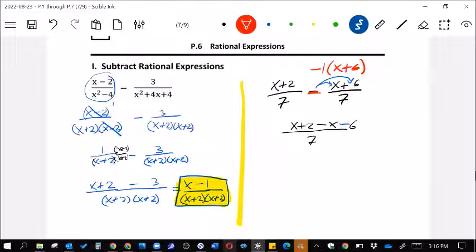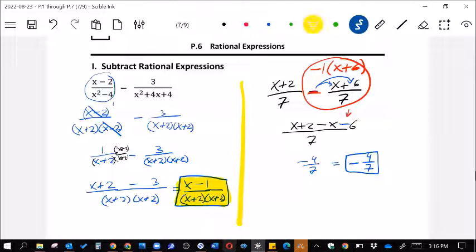Ooh, the x's will cancel out, and 2 take away 6 makes a negative 4 over 7, which makes it a negative in front of 4 over 7. So that becomes a simpler problem, but it identifies what I wanted you to see here. You have to be really careful with the sign. And if you're careful with the sign, you won't make any mistakes with that.